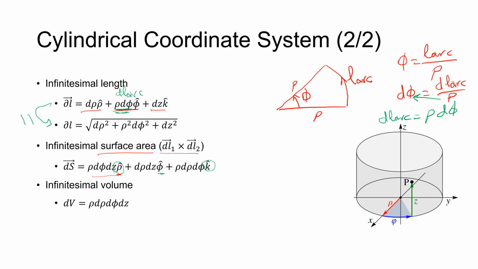So simply I go to my infinitesimal length here, I find the component relevant to rho, I find the component relative to k, then I calculate the delta S in the phi direction. Similarly, I can do this one in the k direction. Finally, again with the infinitesimal volume, it is just multiplication of infinitesimal lengths. So dV will be d rho, and then we have rho d phi. This was the delta L arc as a reminder. Finally, we have dz.